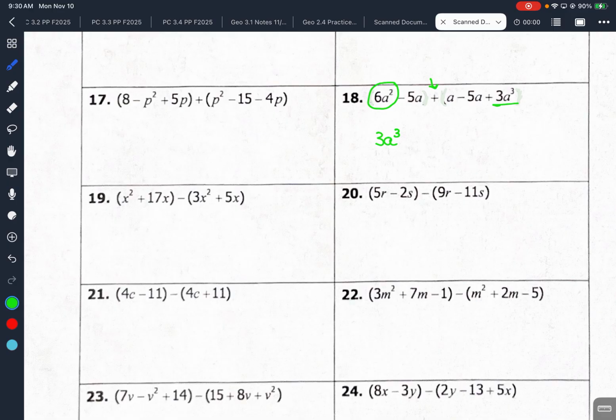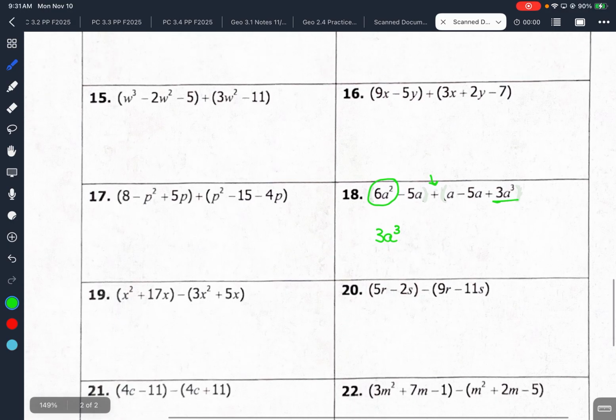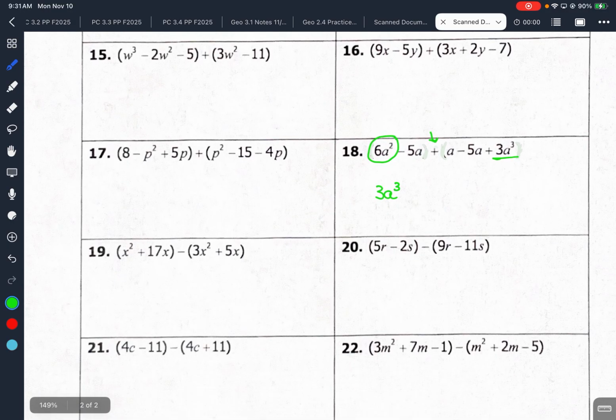Okay, so then what you're going to need to do, Alexander, is the method you did up here, where you distributed that positive 1 and set it underneath. Okay? So if you're having a hard time disregarding them, then you're going to have to rewrite it. I was about to say, if I see something on my paper, I usually just do it anyways. Right. Okay. It's just how I do it.